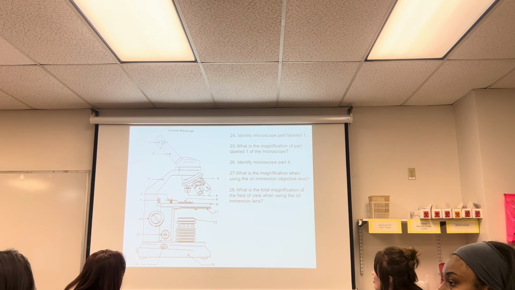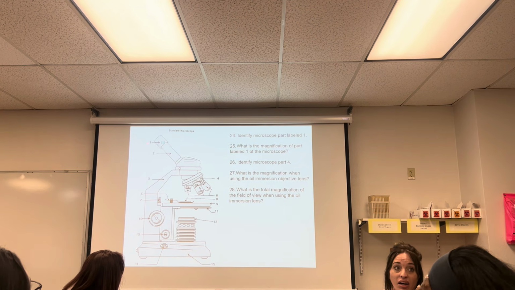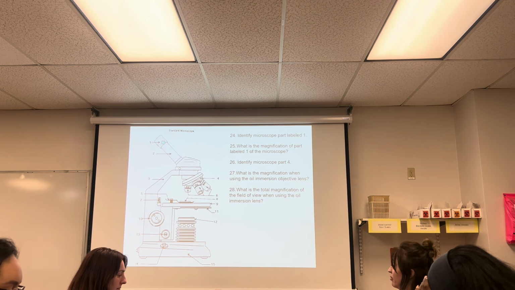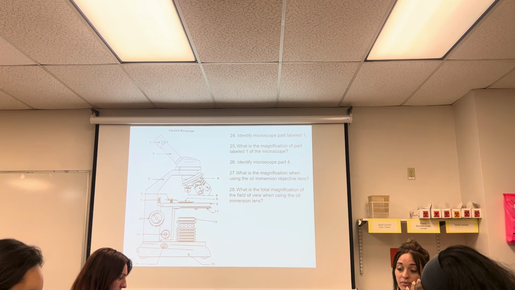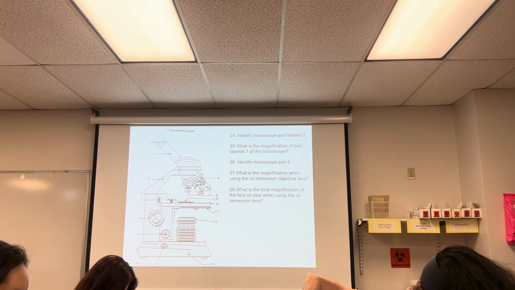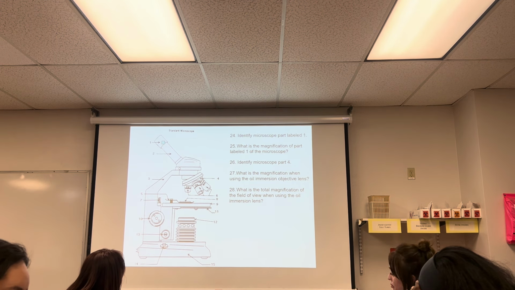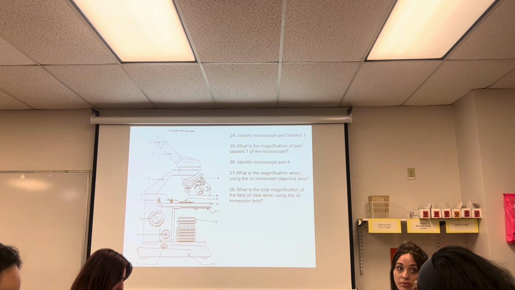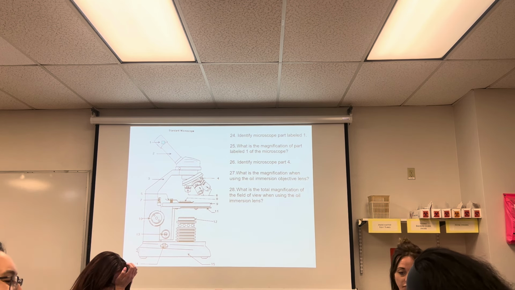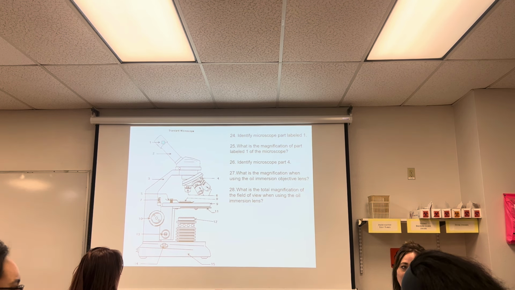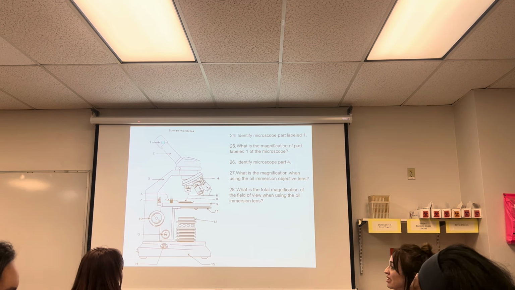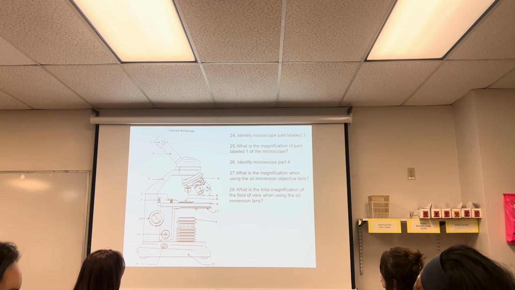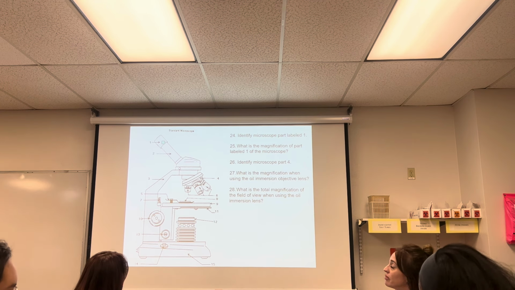Okay, here we go. Identify the microscope part labeled 1. Ocular lens. Ocular lens is fine. Ocular is fine. No, not just lens. It cannot be just lens because that's its secondary function. Its primary function, it's an ocular or an eyepiece. It's bringing the field of view to your eyes. Yeah, eyepiece is good. Okay. So now, what is the magnification of this? 10 times.